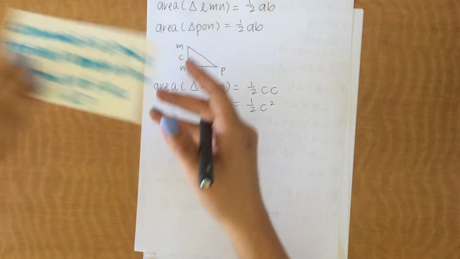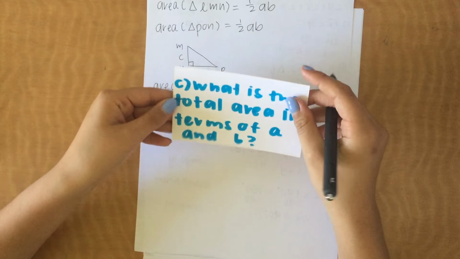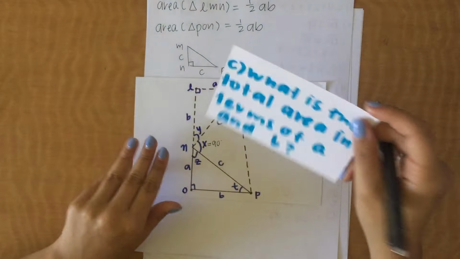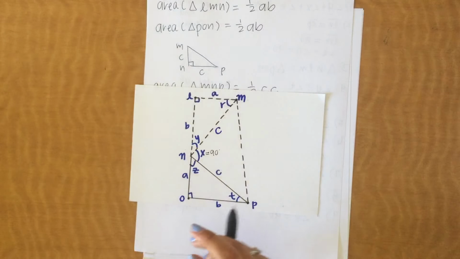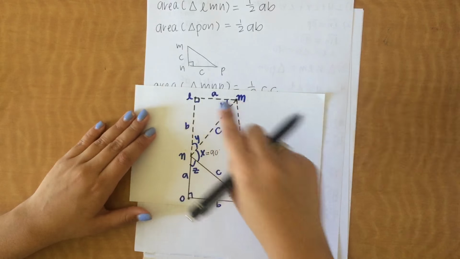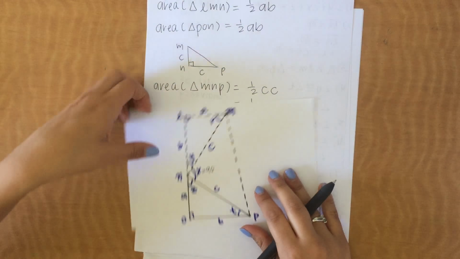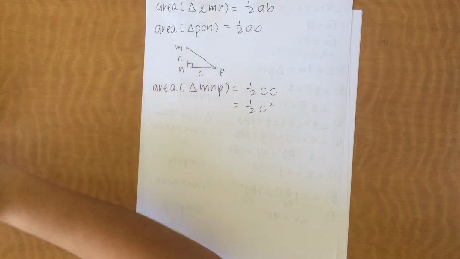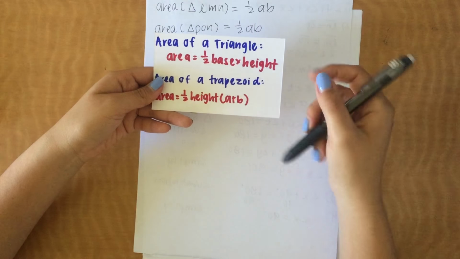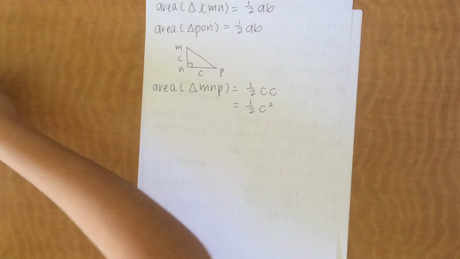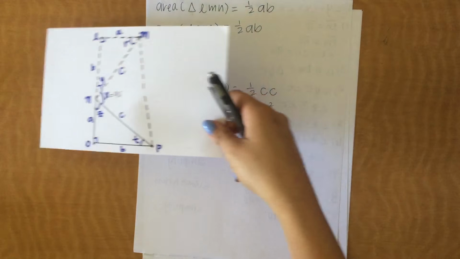Our next is, what is the total area in terms of A and B of this whole thing? And we just know that this is a trapezoid. So the area of the trapezoid is 1/2 height times the sum of the bases.